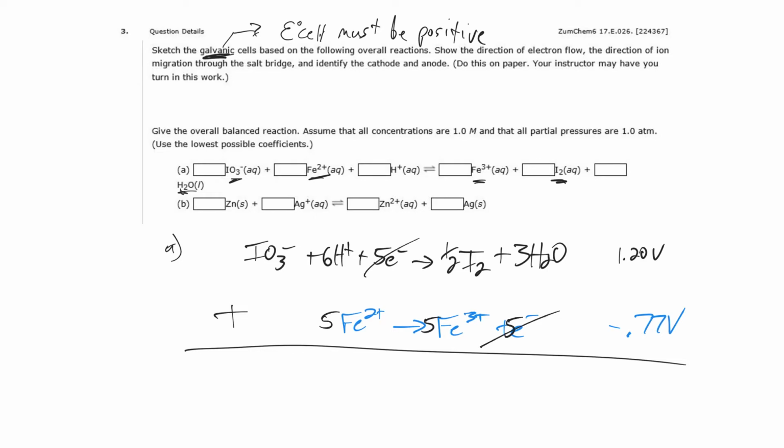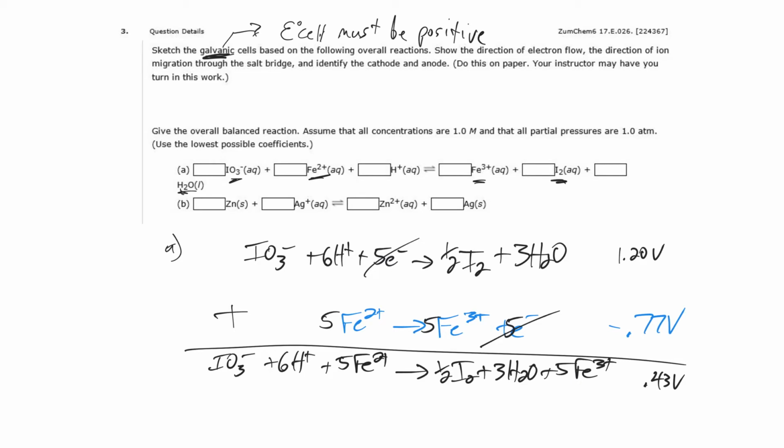So crossing out the electrons and adding together, we get an overall equation that looks like this. And if you want, you can include the overall voltage of 0.43.